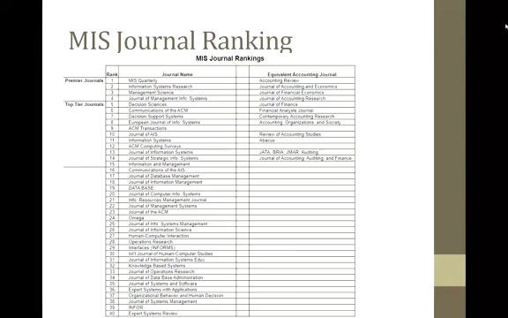So this slide gives you a list of MIS journals, and because we are in the MIS program, it will be a good idea to look at what are the best journals. The higher the ranking, the more trustworthy the article. Why?